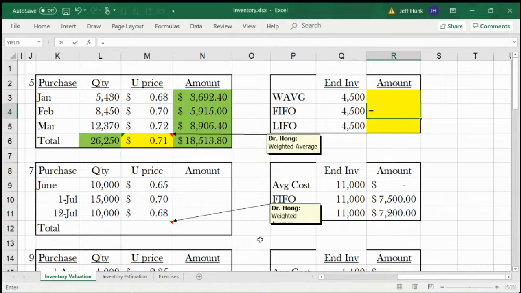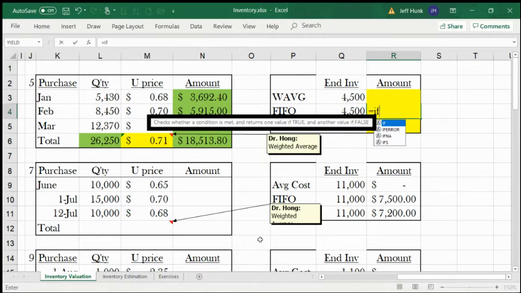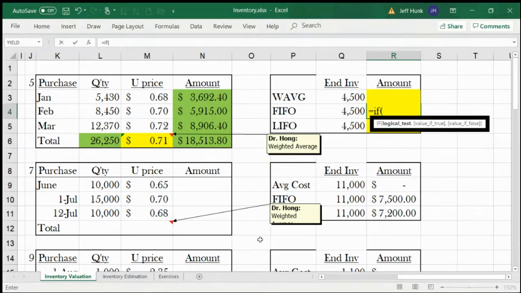You remember the IF command. The IF command comes in very handy. You learn the IF command, and the application is limitless, right? So first of all, let's think about it this way.